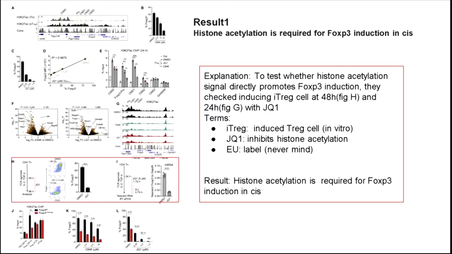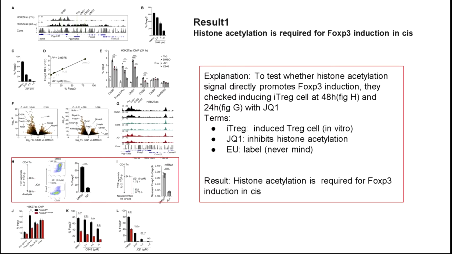And 24 hours means that this time is about the point of initiation. Then I thought that if the histone acetylation mechanism was controlled by a trans mechanism, the Foxp3 expression after treating JQ1 would not significantly decrease because they do not decrease the amount of the histones. But this figure shows that there is a significant decrease of Foxp3 expressing cells in the JQ1 condition.